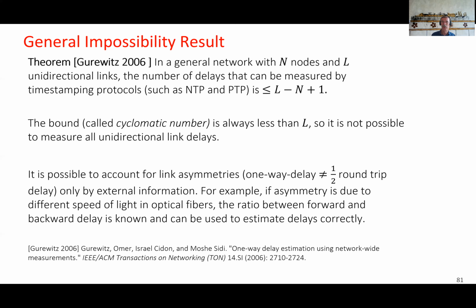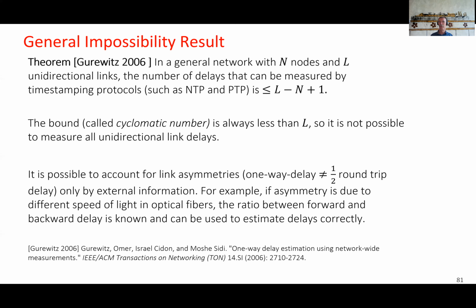If you have a general network with n nodes and L unidirectional links, the number of delays that can be measured by any timestamping protocol is upper bounded by this quantity, L minus n plus 1. So this quantity is, of course, strictly less than L. So it is not possible to measure all unidirectional link delays.